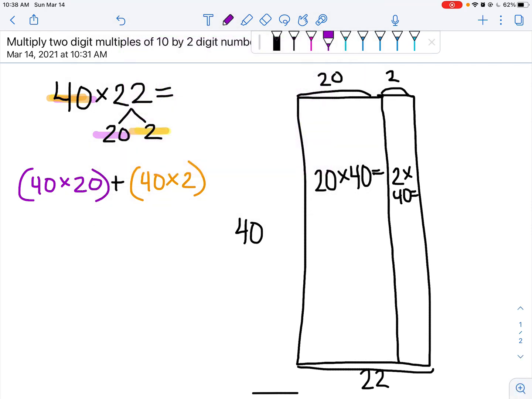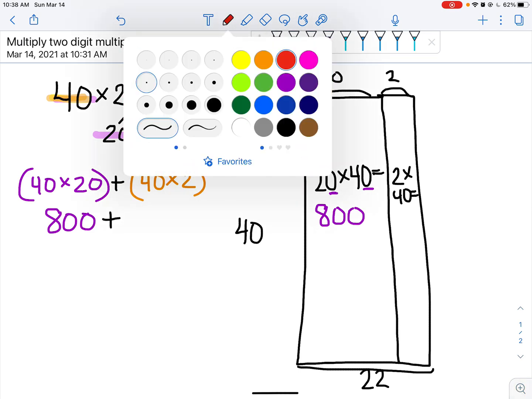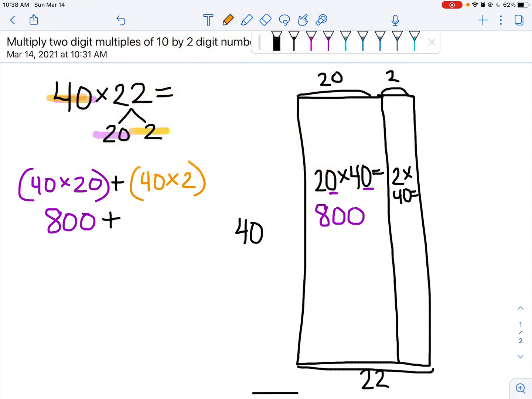So if we look at the purple one, 40 times 20, well, you know 2 times 4 is 8, right? So 40 times 20 is 800 because we're going to shift that place value over because we're talking about two sets of tens, and those are going to multiply and get into the hundreds. So we know this part is 800. And then we're going to do the orange section, which is 2 times 40.